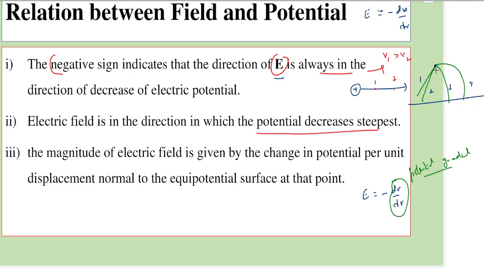But this stone would choose the path where the slope is very steep, almost normal to the surface. So this stone would choose this path only, let's call it path 5. Mathematically, this is the meaning of gradient: the change would be along the direction where the slope is steepest.